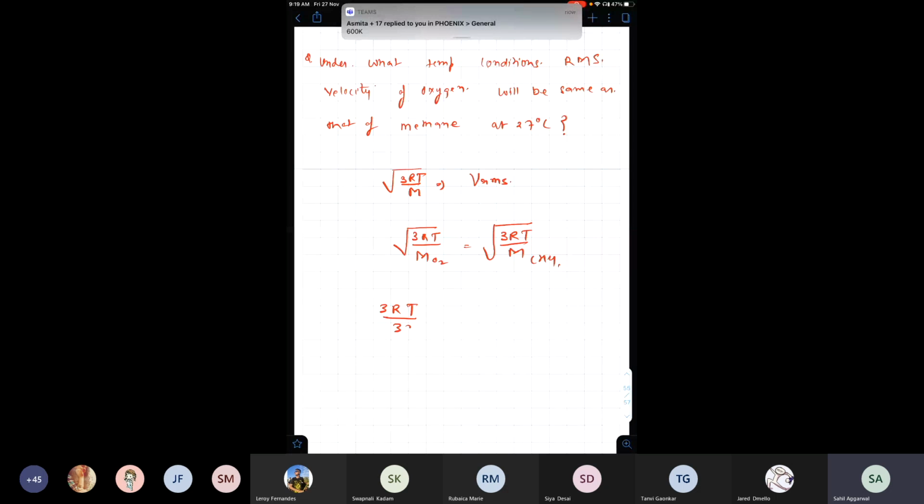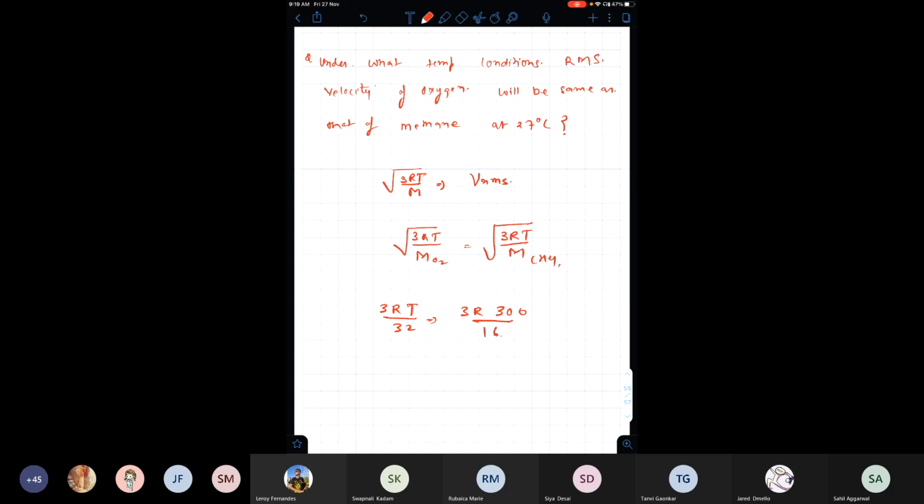T by 32 is equal to 3R times 300 by 16. The 3R and 3R will cancel, so T will be equal to 600 Kelvin or 327 degrees centigrade.